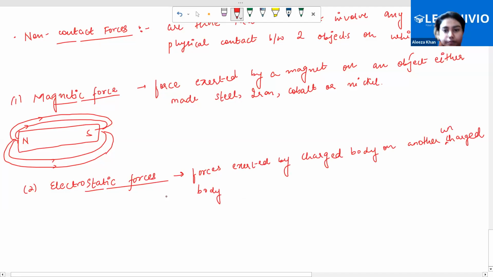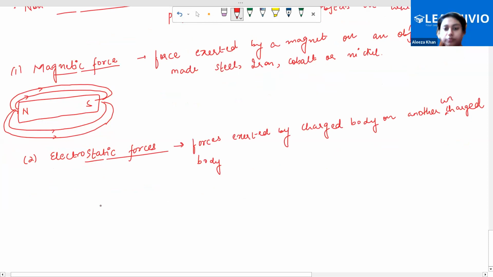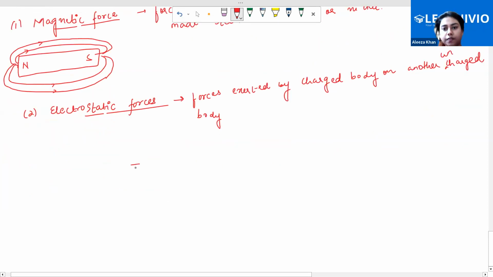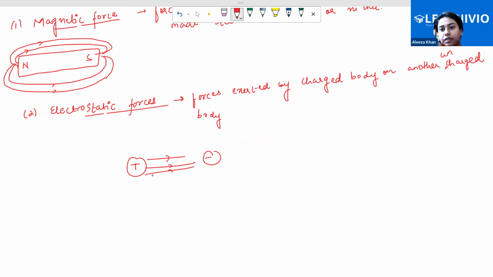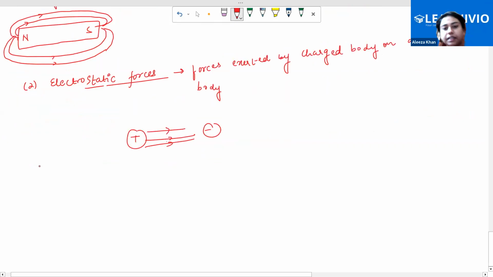So let's say you have the charges over here. One is negative and one is positive and the other is negative. So there is the electrostatic force between them. Okay.